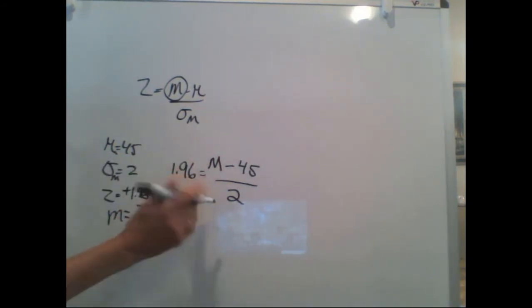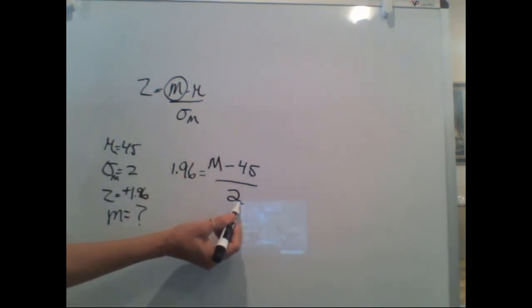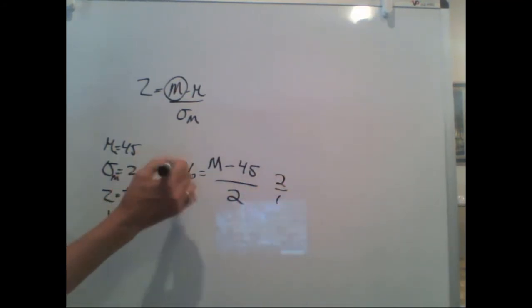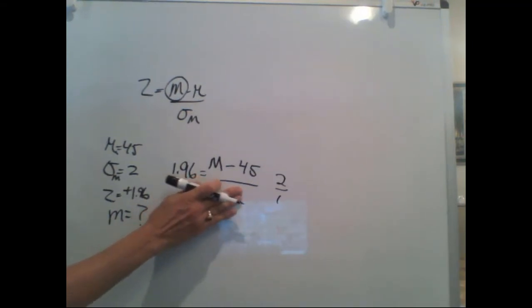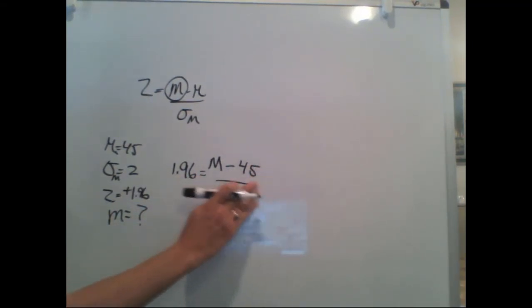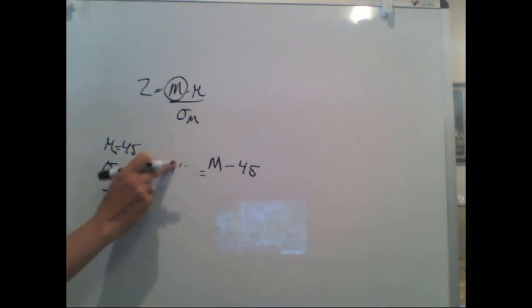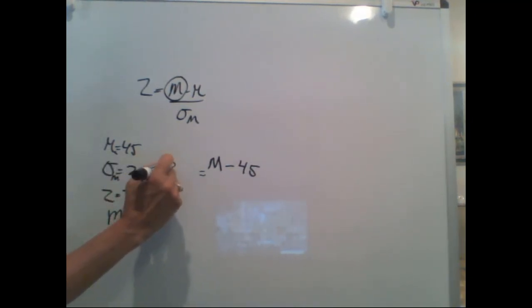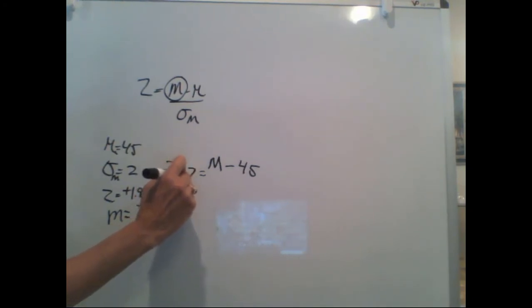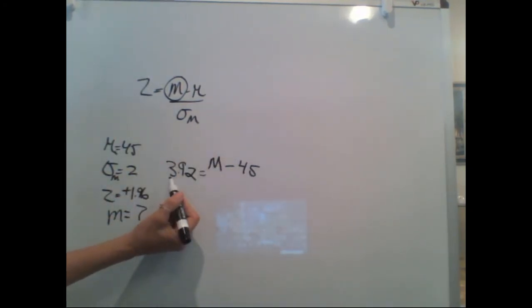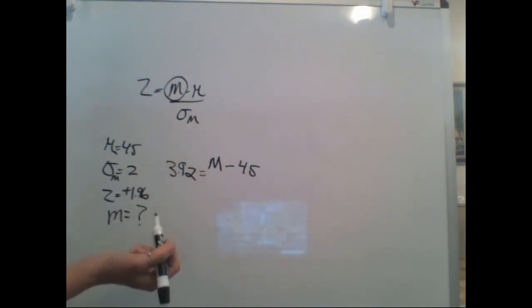So we're going to start with algebra. To get rid of the 2 in the denominator, I'm going to multiply this side by 2 over 1 and this side by 2 over 1, basically. So it cancels this out. And when I multiply 1.96 by 2, it gives me, again, 3.92. This time there's no negative sign because I am multiplying a 1.96 positive by 2.